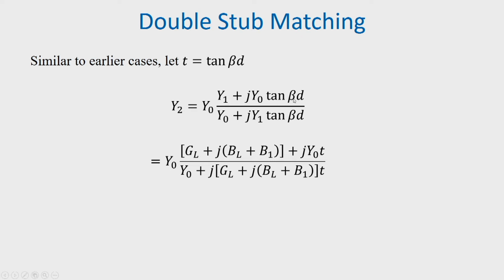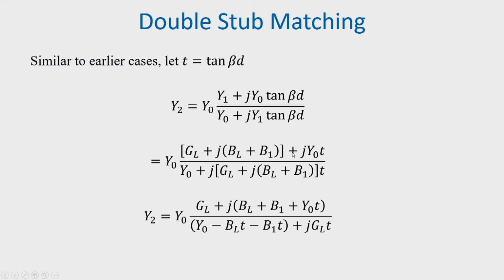Substituting tan beta d by t here and substituting Y1, we can write Y2 in this form, and after the rearrangement of terms, Y2 can be put in this form: (GL plus j (BL plus B1) plus Y naught t) divided by (Y naught minus BL t minus B1 t plus j GL t), and this entire term multiplied by Y naught.